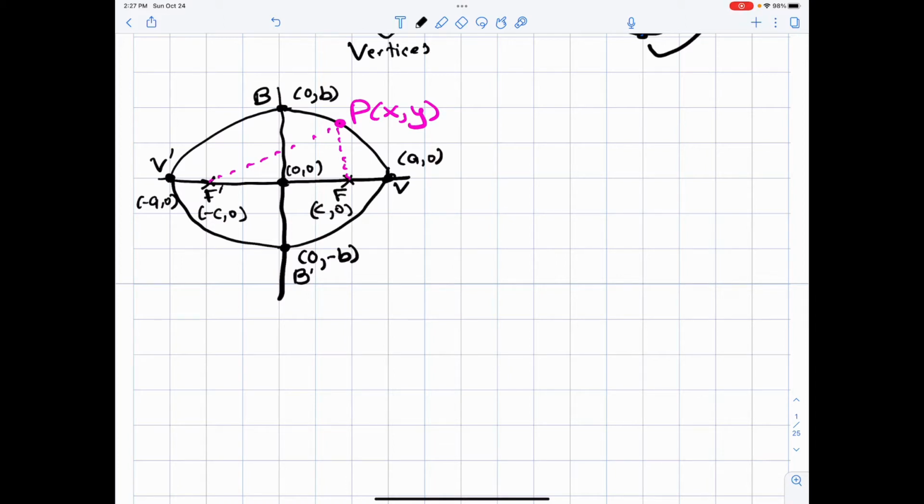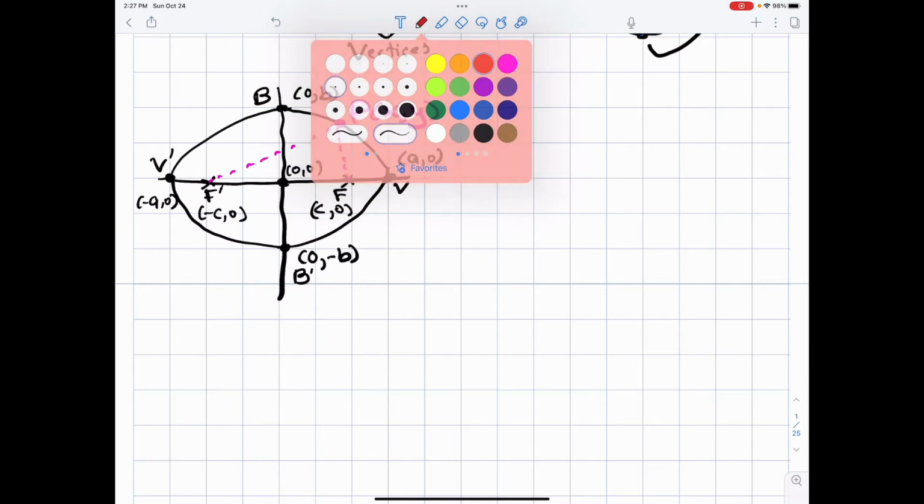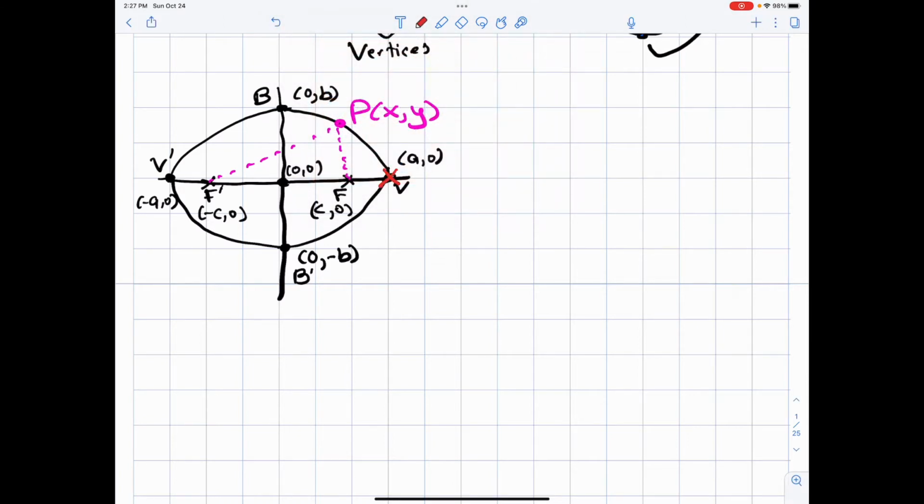Okay, what if we look at point P as being located where we have our vertices? That's a nice convenient place to really talk about. If your point P was right here at this vertex, then you can look at your distances and figure out a length pretty easily.